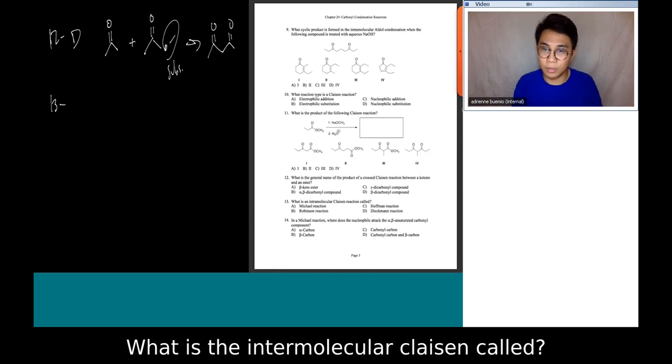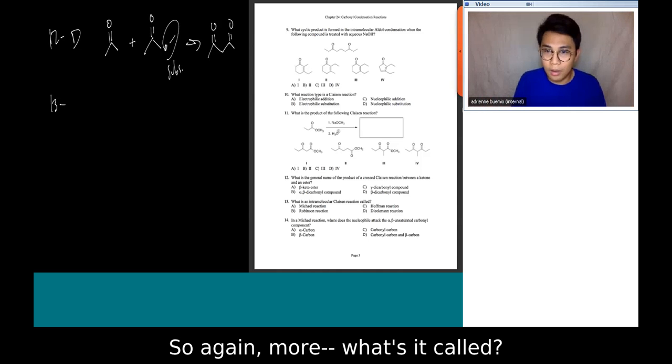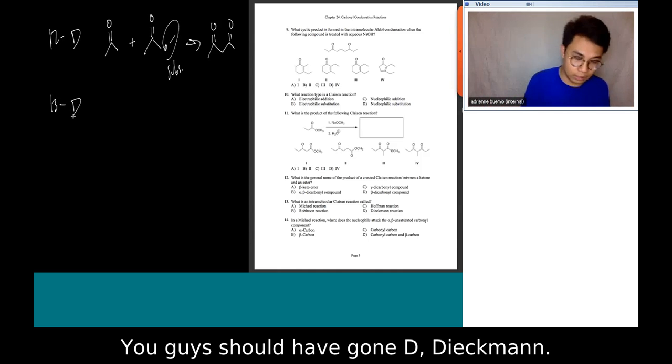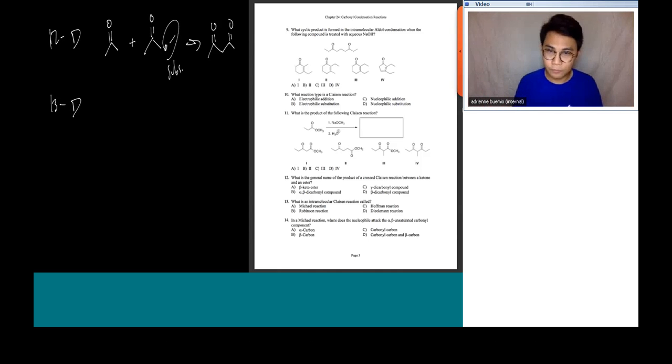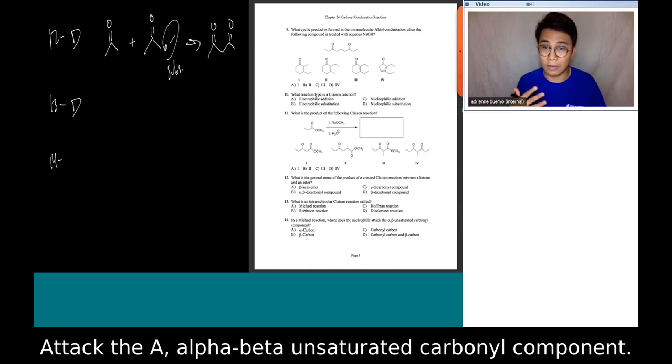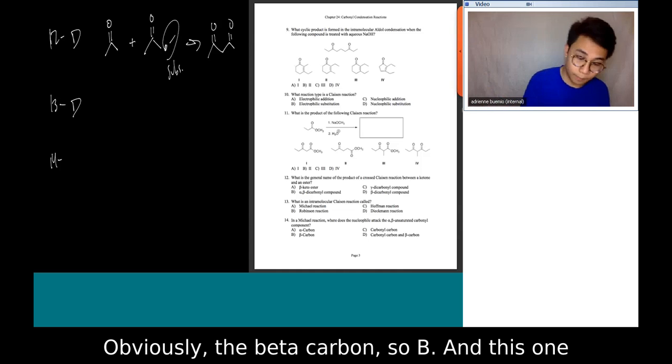13, what is the intramolecular Claisen called? More terminology. You should have gone Dieckmann, right? 14, in a Michael reaction, where does the nucleophile attack? The alpha beta unsaturated carbonyl component. Obviously the beta carbon, so B, right?